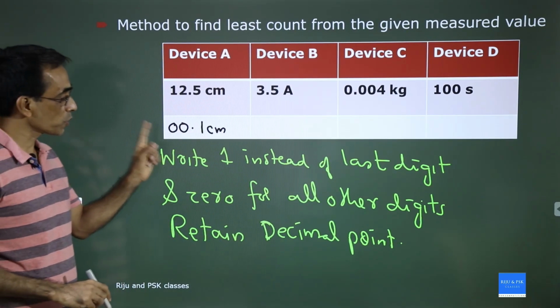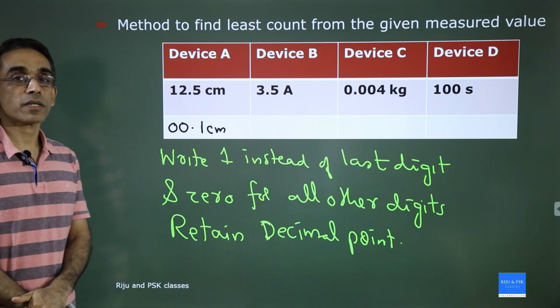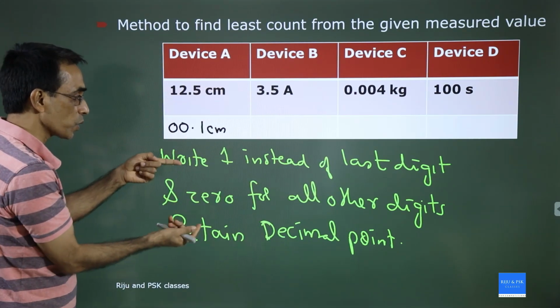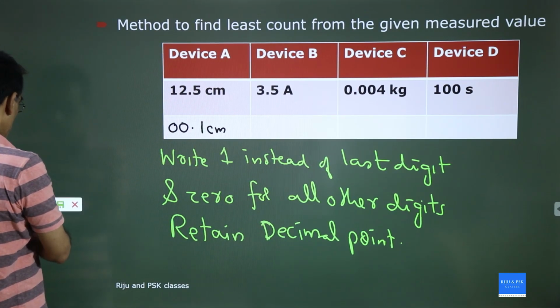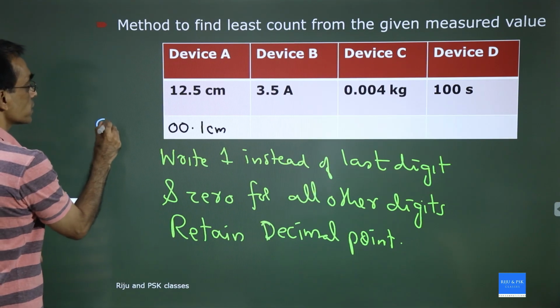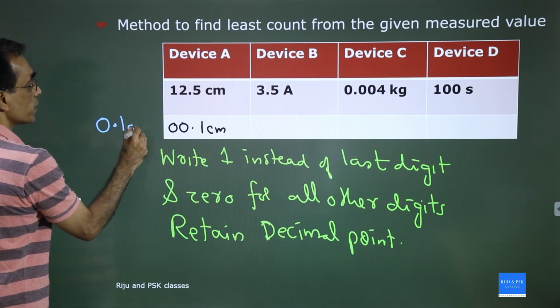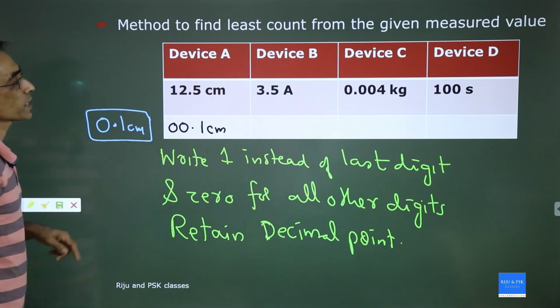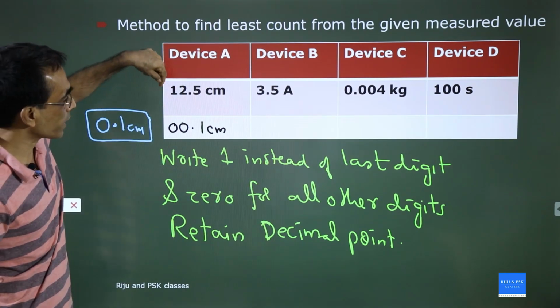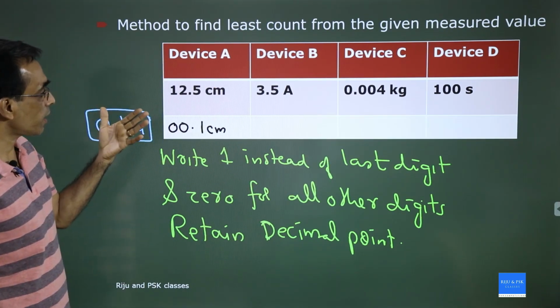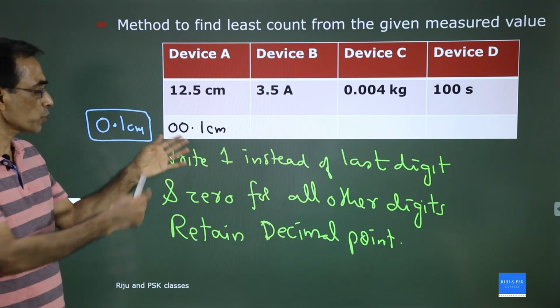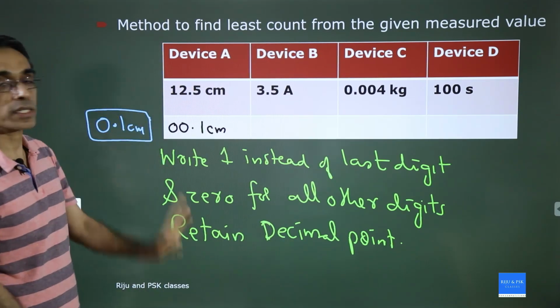The least count is 0.1 centimeter. No need to write the double 0 in the beginning. Now look at the digits given and identify the least count. You don't have to write everything, just 0.1 centimeter.